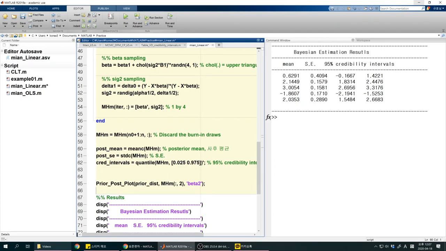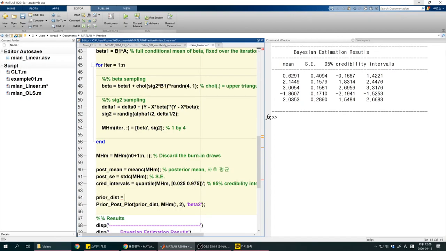So let me ask you, do we have posterior distribution here? No, we don't have posterior distribution. Oh, sorry. Do we have prior distribution? No. It must be the samples from prior distributions, right? And where are the samples for prior distributions?